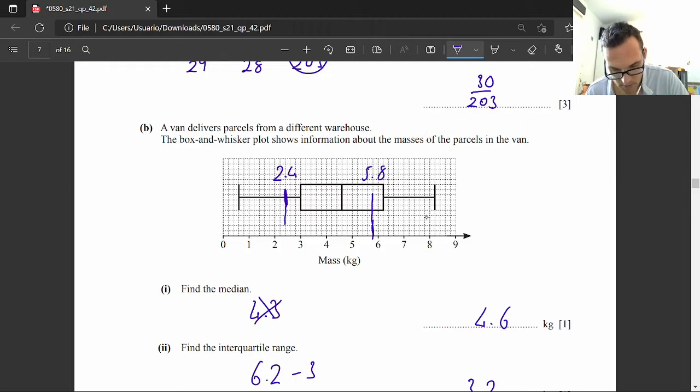Then the thing to notice here is where they lie. The question is, what happens to the median? Now if you remove a parcel that is lighter, the median will shift. It will go a little bit higher, but then if you remove a parcel that is heavier, the median will shift back again.